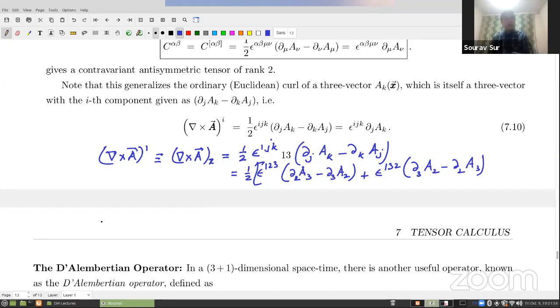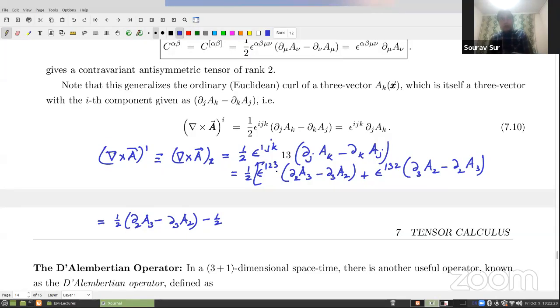So this will give you half, epsilon 123 is 1. So half del 2 a3 minus del 3 a2, minus, epsilon 132 is minus 1.